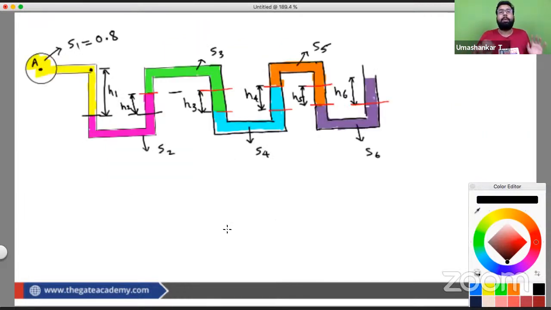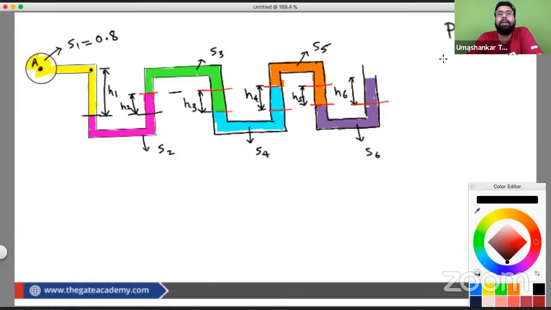Now you see this problem. We have some specific gravity, we have something like this, something like this. So how to do it? What is the concept? Please understand, it is very simple, and in one go you will be able to understand it. We have a point A. Let's suppose the pressure at A is PA, in Newton per meter square, the usual unit of pressure, that is Newton per meter square or Pascal.